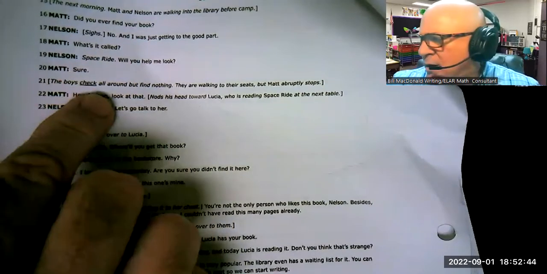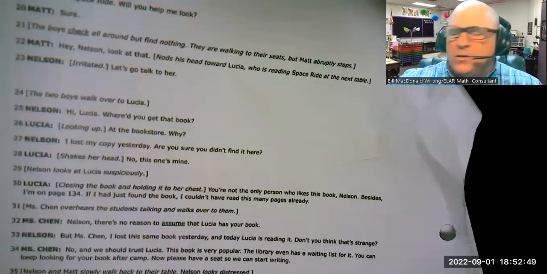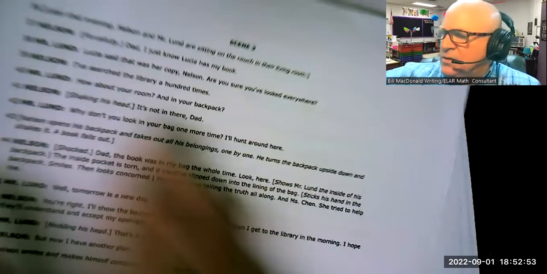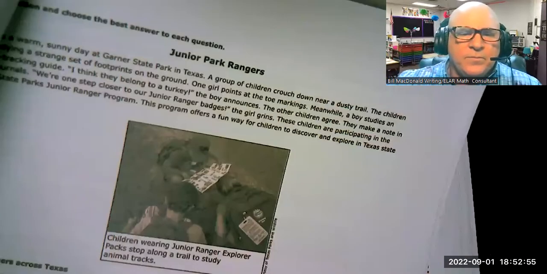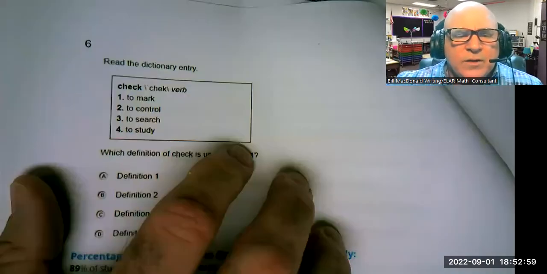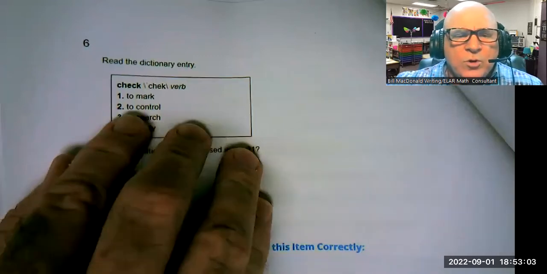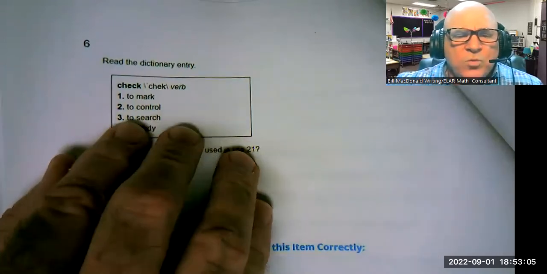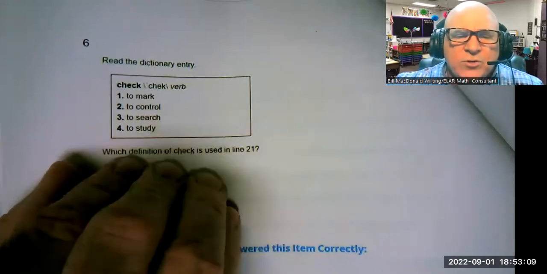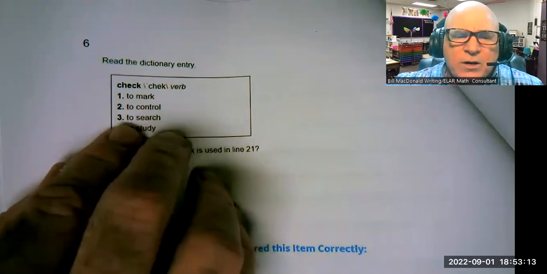So which one in the context means the closest to the word check is definition 3. So your students, if the question says which definition, would not write to search, your students would write definition 3.